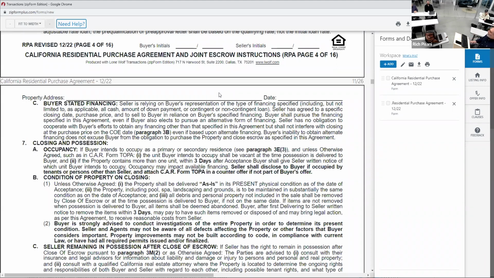Not really. I would probably advise the seller to go ahead and let them do the appraisal. It's just that we're going to hold everything else. They're not going to be able to extend the close of escrow. They can't do any of that. If they can't get this loan in time, then they're just going to have to close with cash. But the seller doesn't have to cooperate.